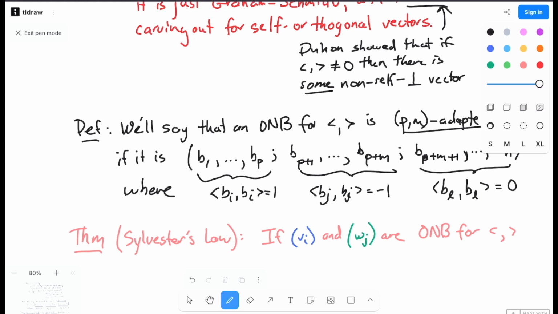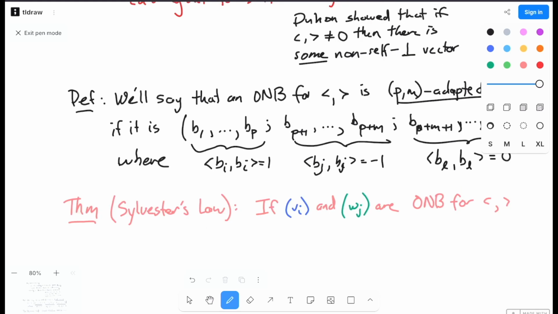Then I'm supposed to say the signatures don't matter, right? Or the signature stays the same.